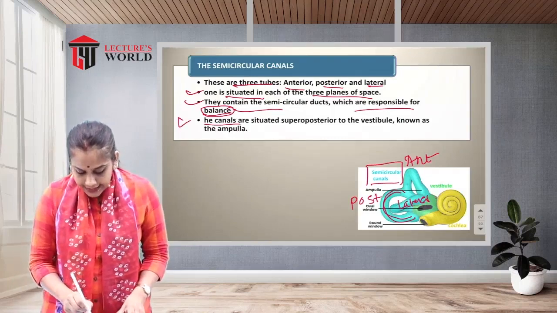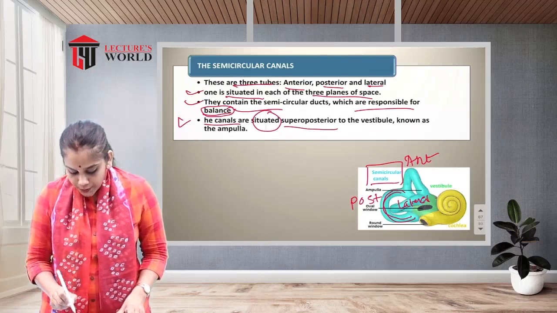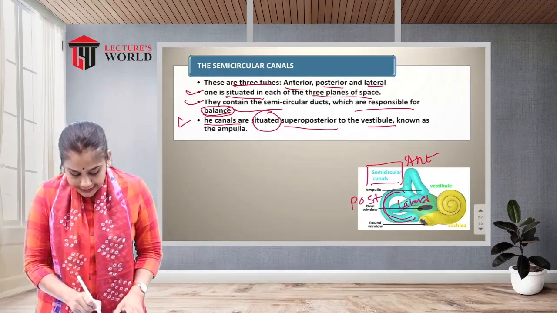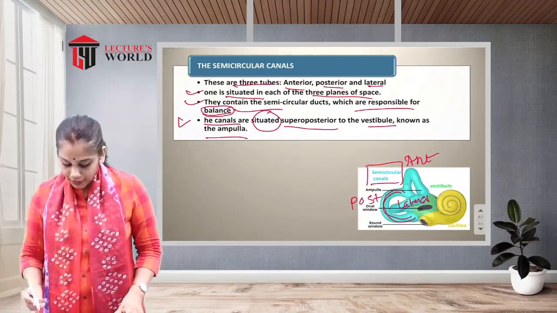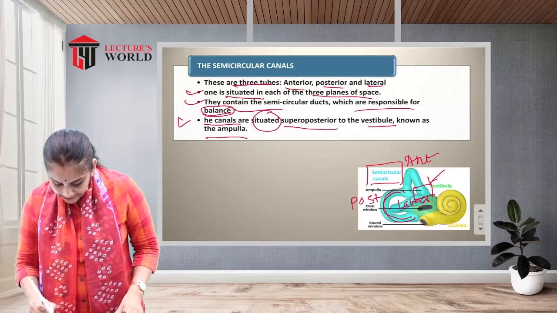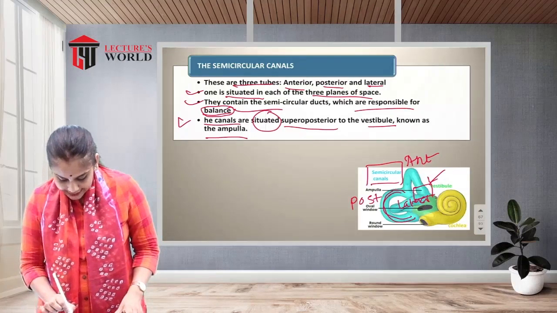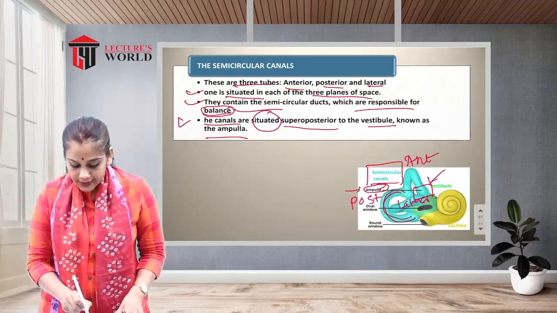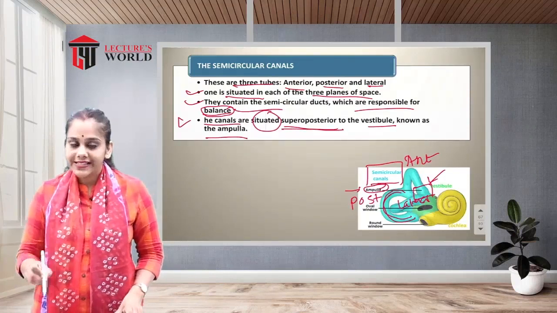The canals are situated superior and posterior to the vestibule, and this swelling is known as the ampulla. You can see this is the ampulla. So what is the ampulla?